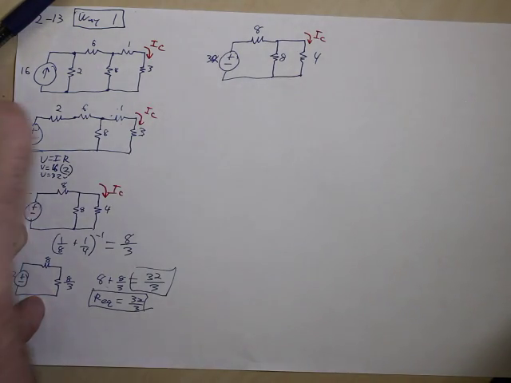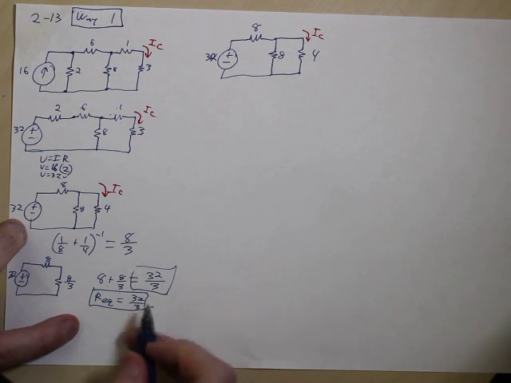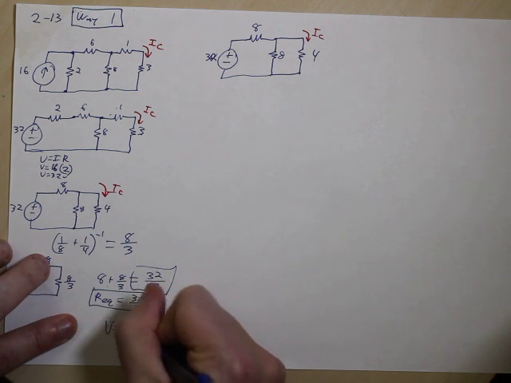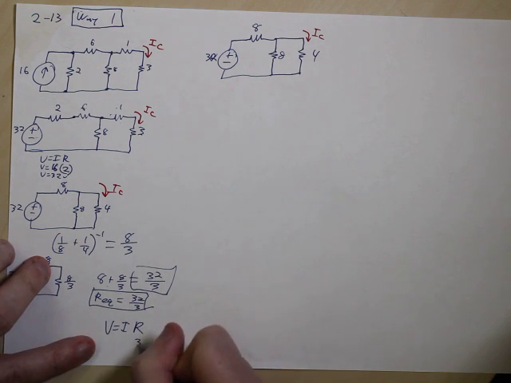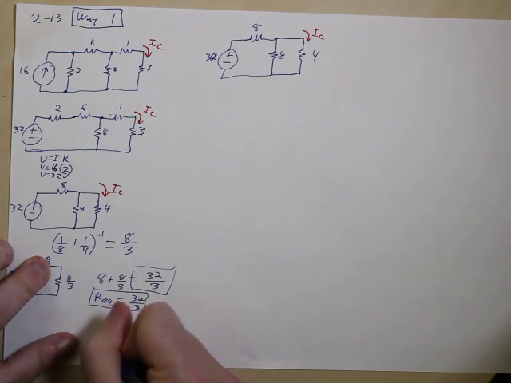And if you look, we know that we have this total equivalent resistance. So V equals IR. And that's going to tell us V equals IR. We have the total resistance, which is 32 over 3 for R. We don't know I, and we know the voltage is 32 volts.